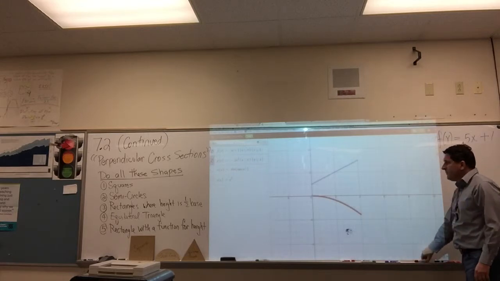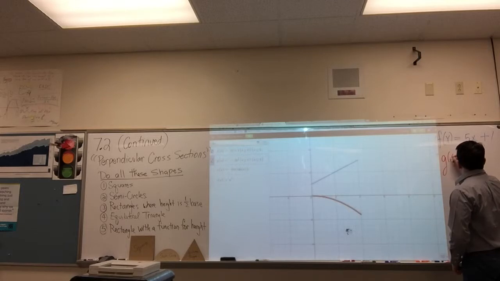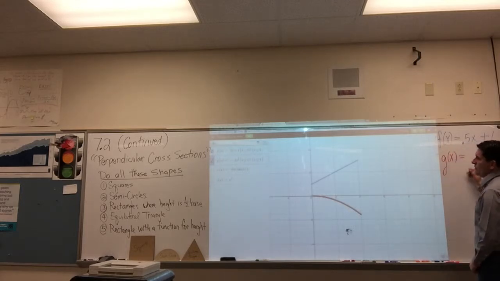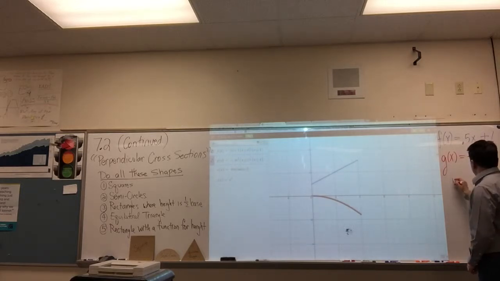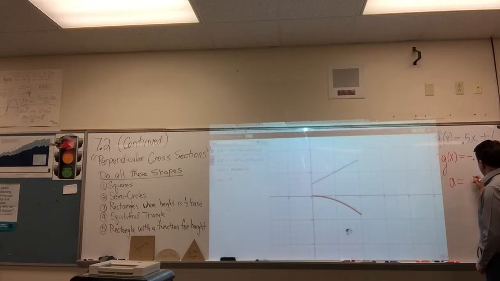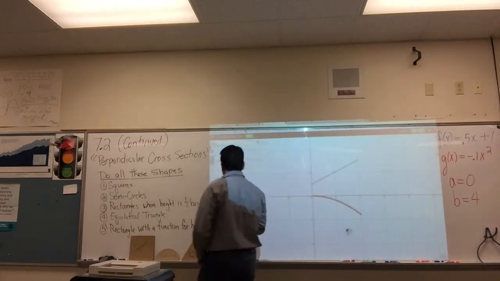And then the red function is a parabola. It's g of x, and it's equal to negative 0.1x squared. And we're going to do all of these from 0 to 4. Okay? So 0 to 4.